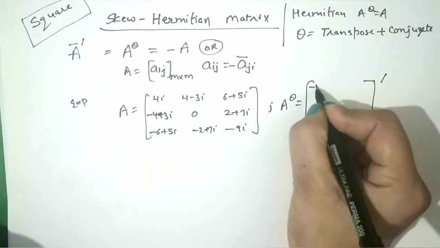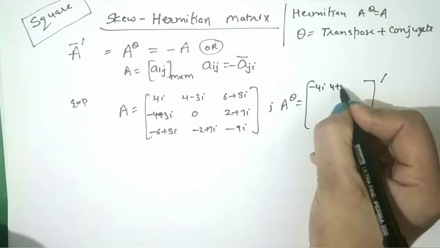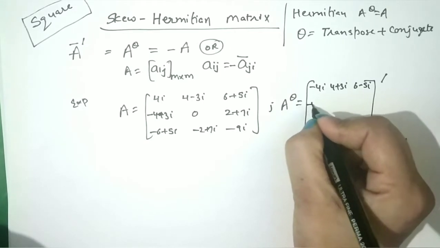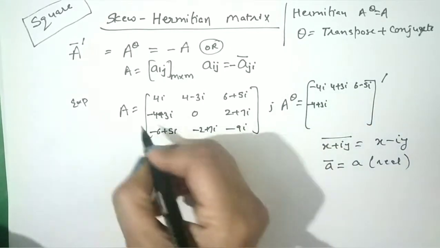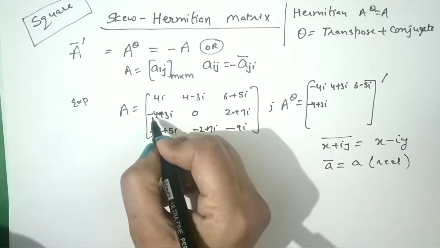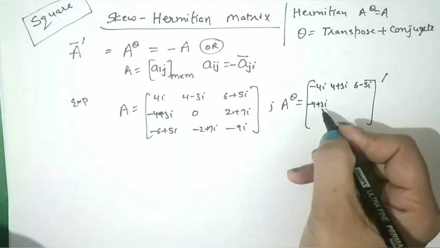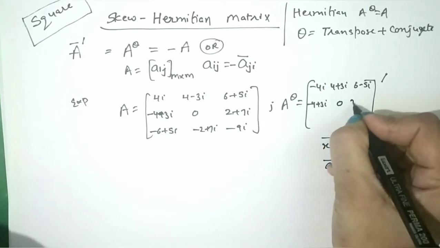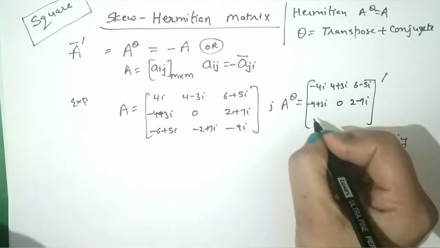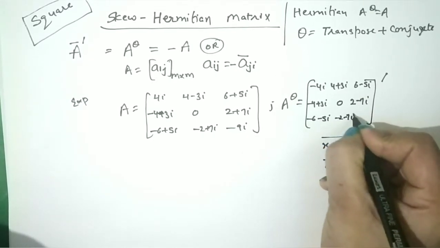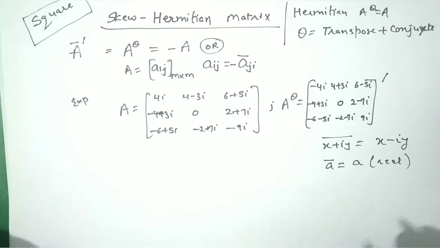So it is minus 4 iota, 4 plus 3 iota, 6 minus 5 iota, then minus 4 plus 3 iota because it is minus here. The real part will remain the same. Minus 4 will be minus 4, but the term containing iota will be of opposite sign when you take the conjugate. In this way we write the conjugate of each element.